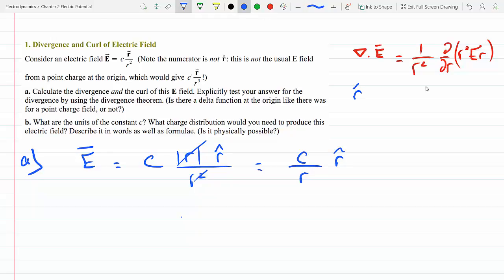Because what's r hat? The vector divided by the magnitude of the vector. So one of those r's cancels out. My point is Er is what multiplies r hat, c over r, with r being the magnitude here.